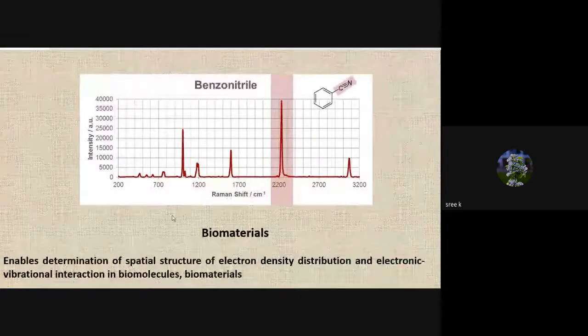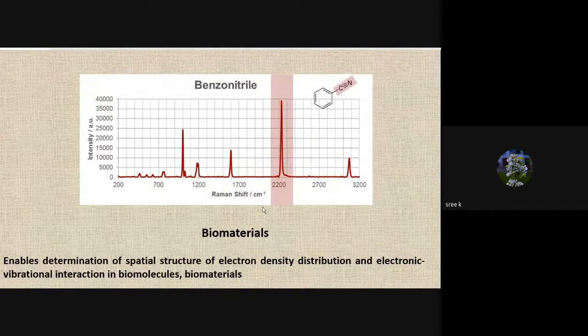In this case, you have intensity versus Raman shift. Raman shift is nothing but the difference between the wavelength of the scattered radiation and the wavelength of the incident radiation, and you plot it with respect to the intensity of the radiation.